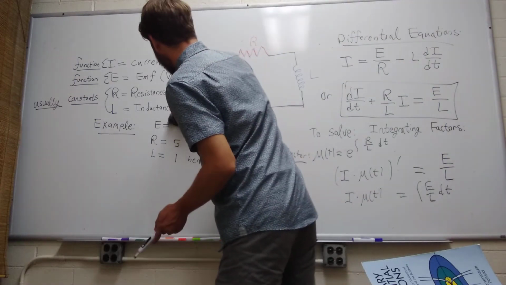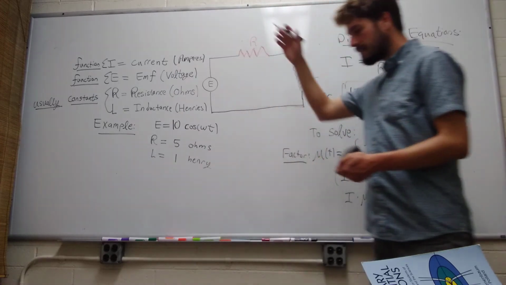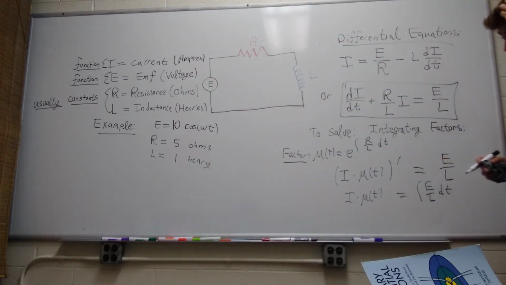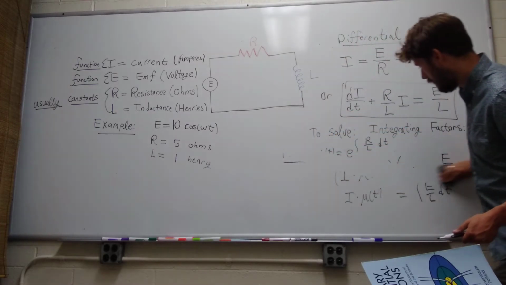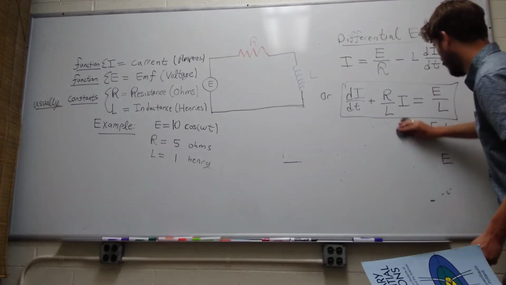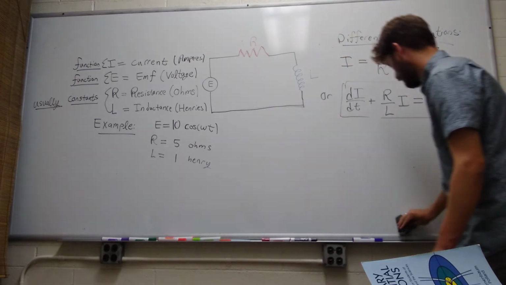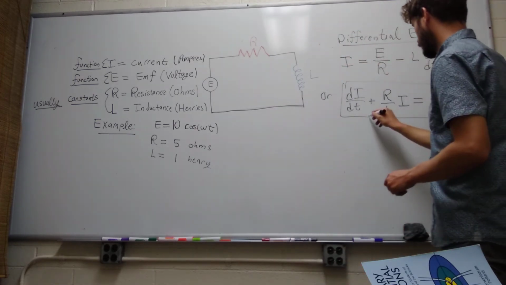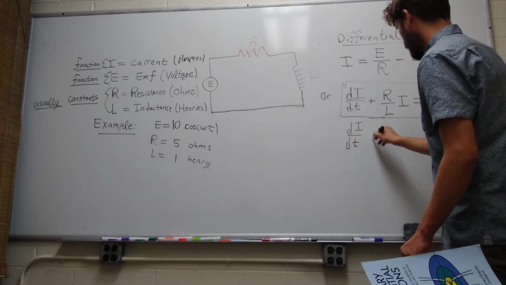Let's actually specify this as, let's say, 10 volts. So that means it's oscillating between 10 volts and minus 10 volts. And we can plug everything in here. So dI/dt.